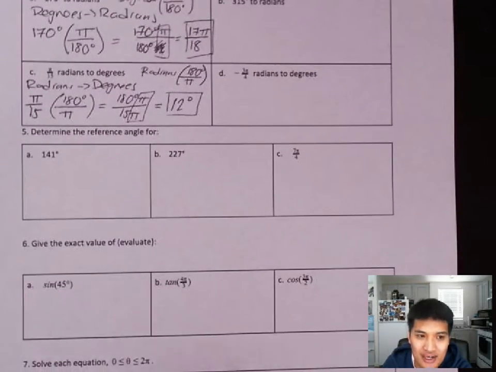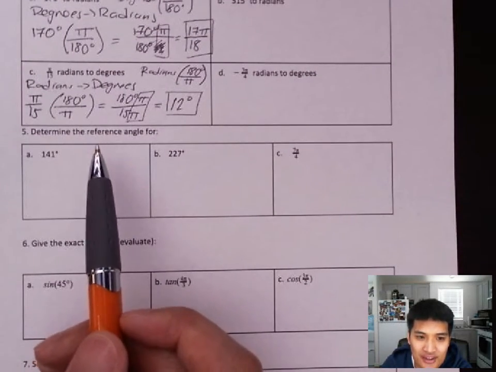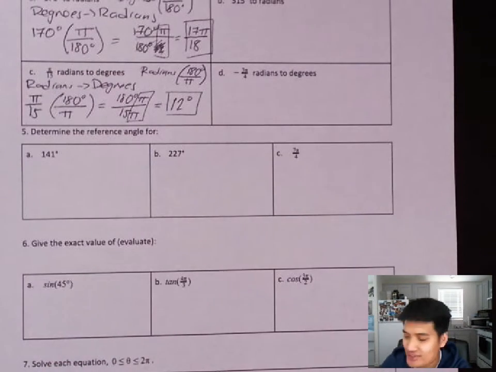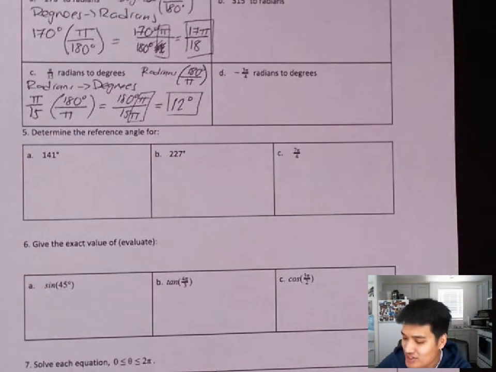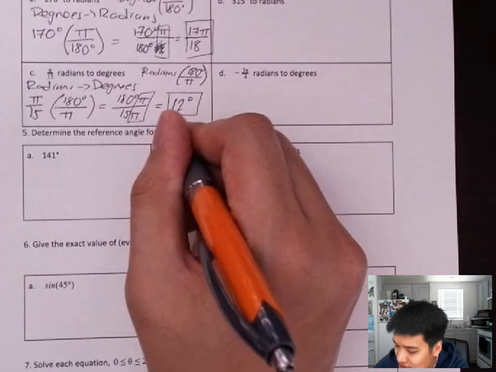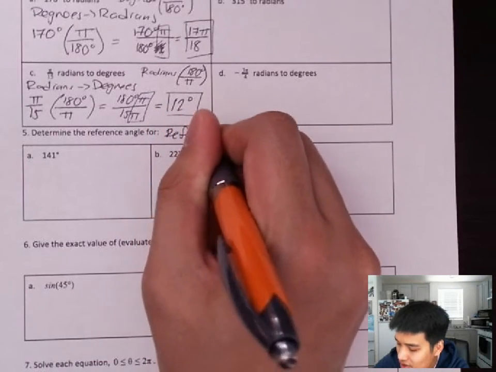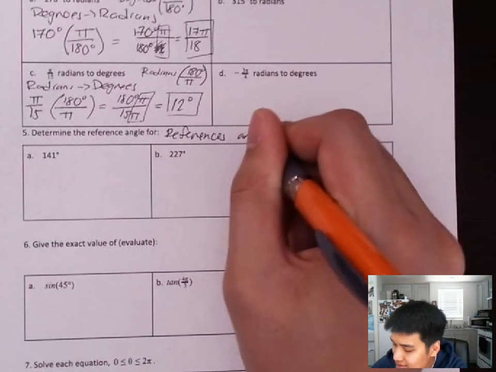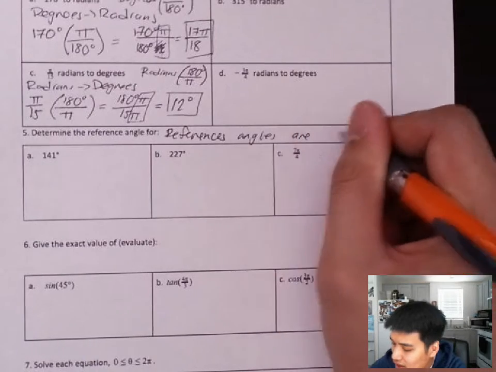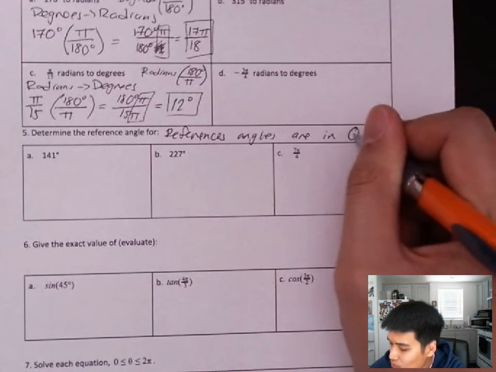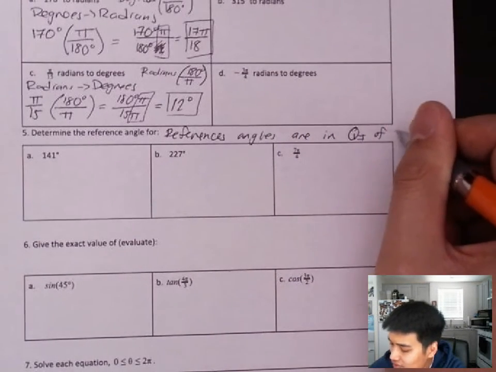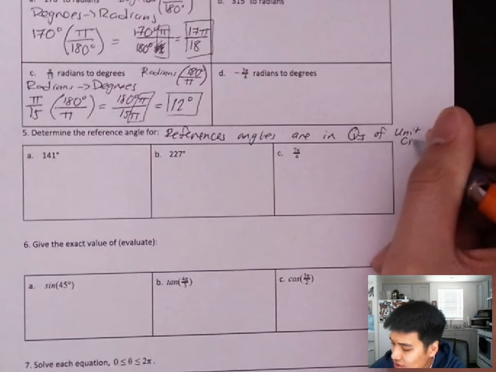The next one here is determining the reference angle for these particular angles. Something we need to remember is that reference angles are in quadrant 1 of the unit circle.